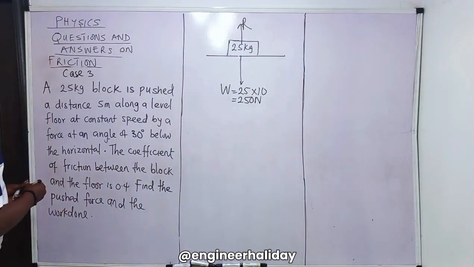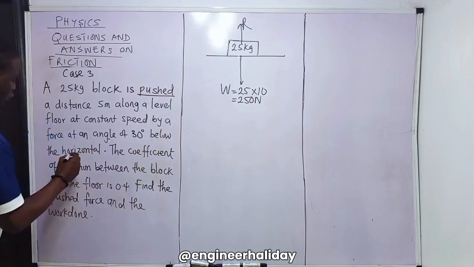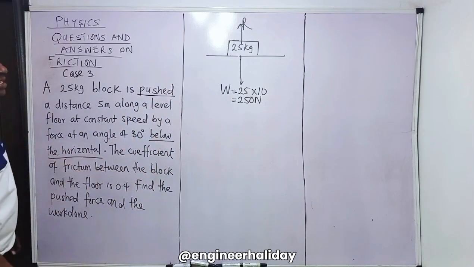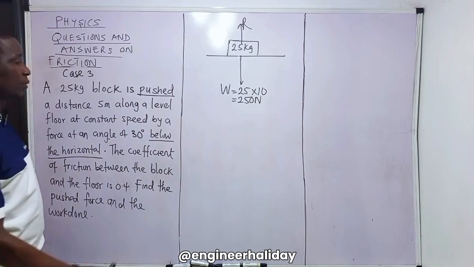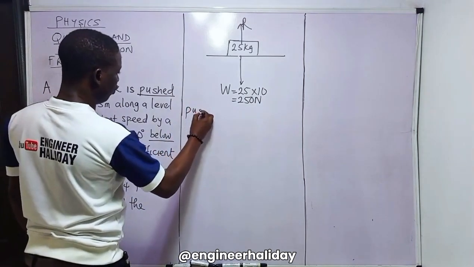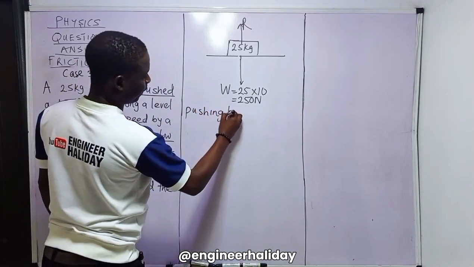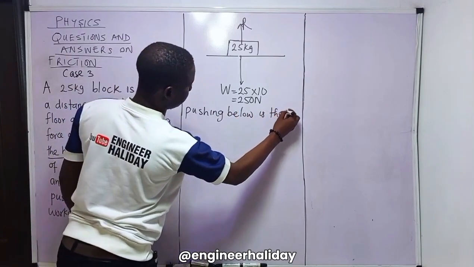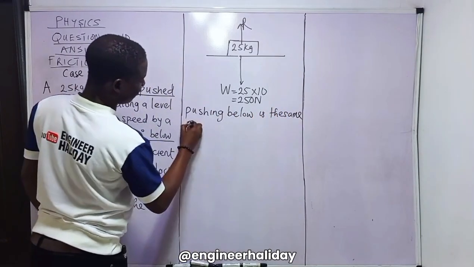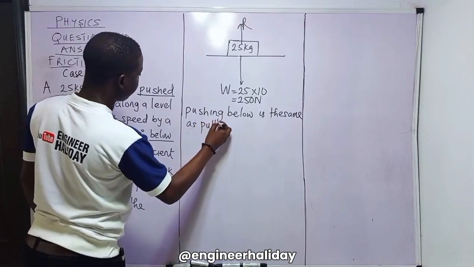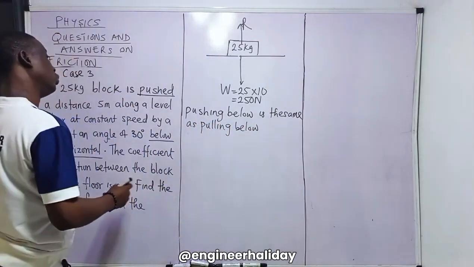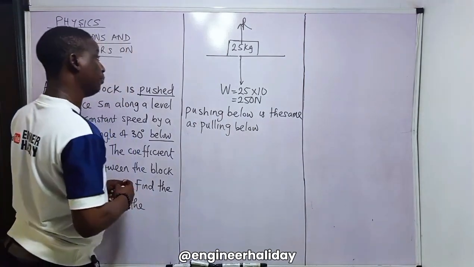When they say the body is pushed below the horizontal, it means pushing below is the same thing as pulling below, while pushing above is the same thing as pulling above.